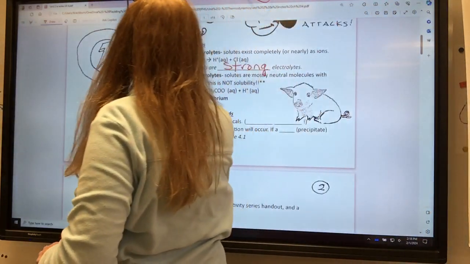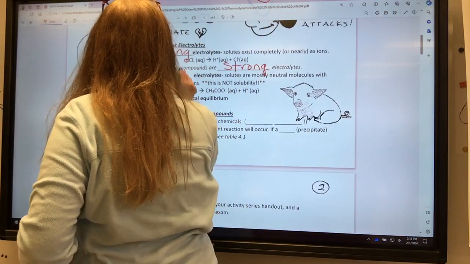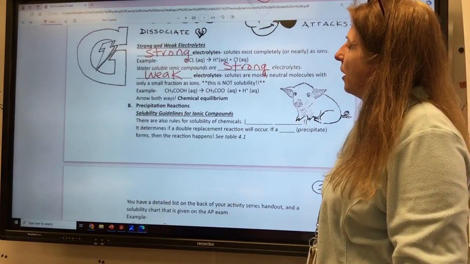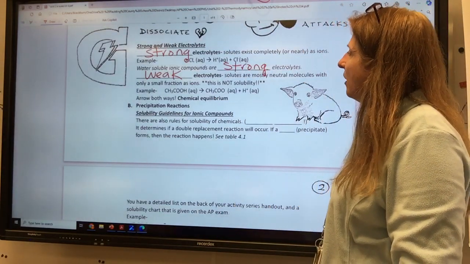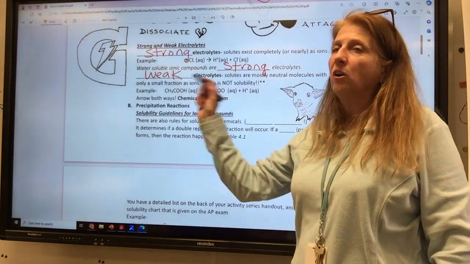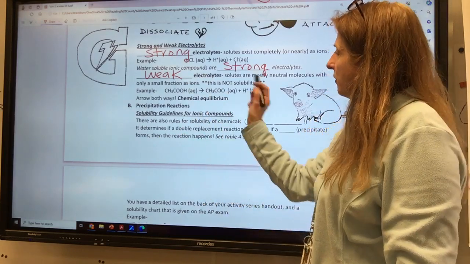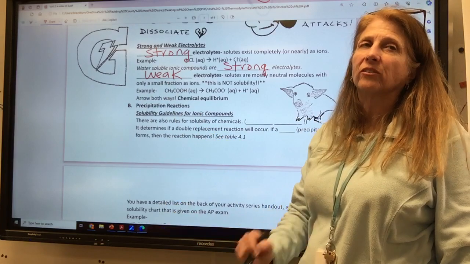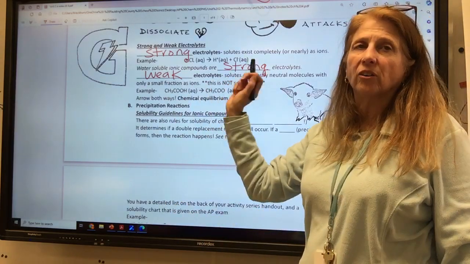So weak, if you got strong, you gotta have weak. Weak electrolytes are solutes that are mostly neutral molecules with only a small fraction as ions. This is not solubility. This is all dissolved, okay? So this is aqueous. So we're not talking about solubility. That's when things dissolve or not. These are dissolved.